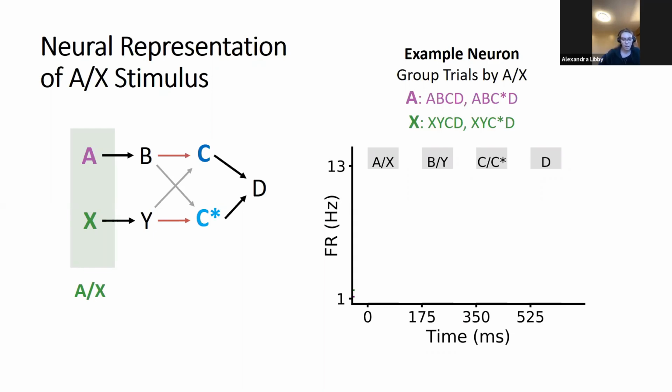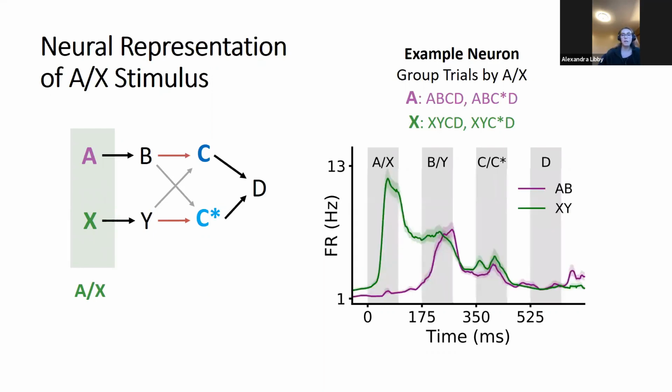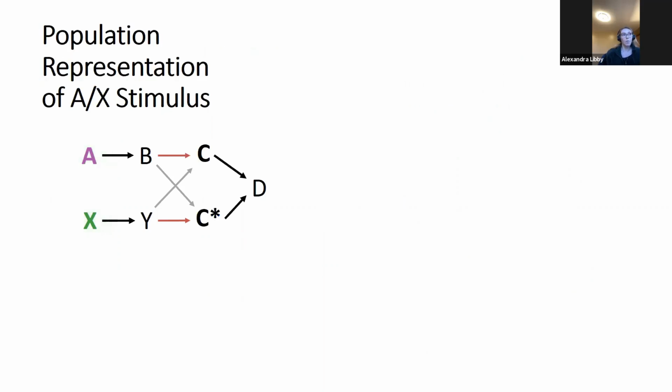And for all of these analyses, I always balance across trial types to prevent any biasing. So this example neuron, you can see, has a higher firing rate to X trials and lower to A. But overall, we want to understand how the entire population represents that AX stimulus.